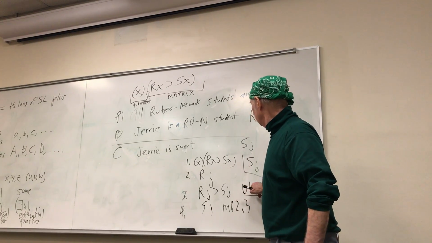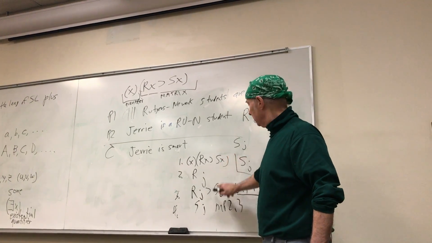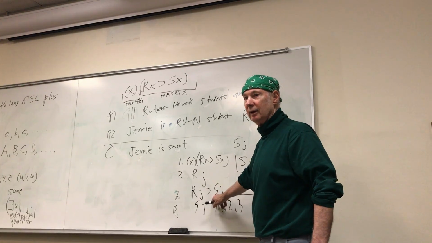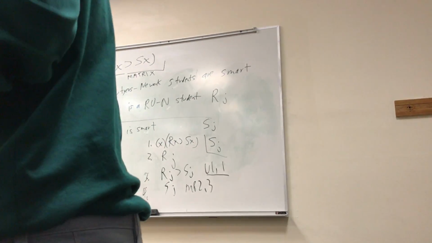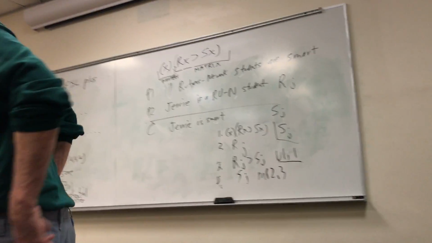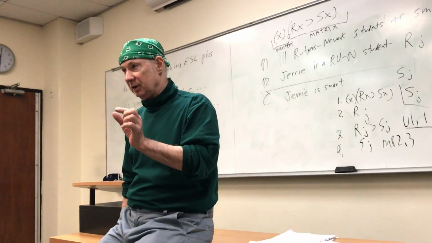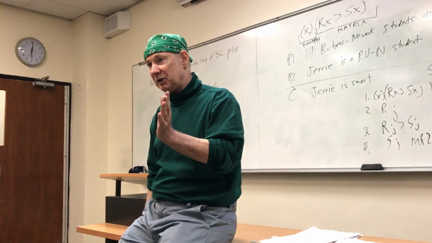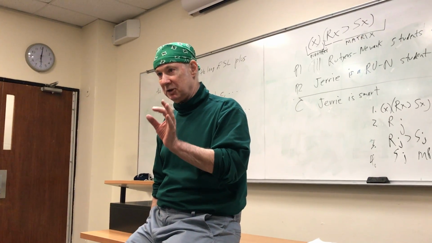Yeah, I'm using this rule and applying it to this line to get that line. Yeah, but what's the abbreviation for it? What does it abbreviate? Oh, I didn't want to say. It's one of the 4 inference rules for predicate logic. It's got a fancy name. Universal instantiation.